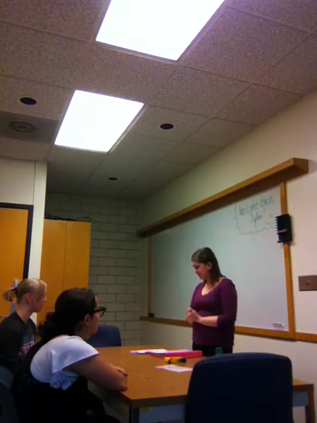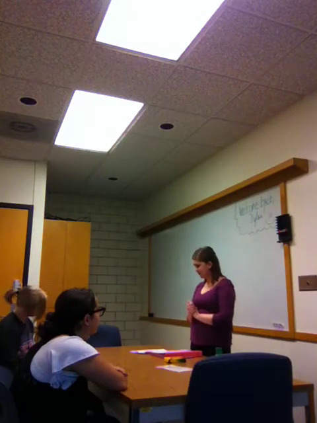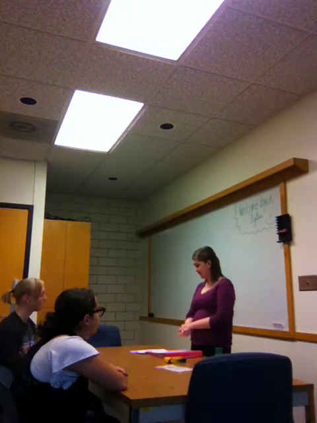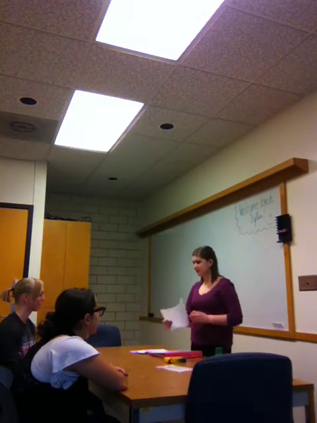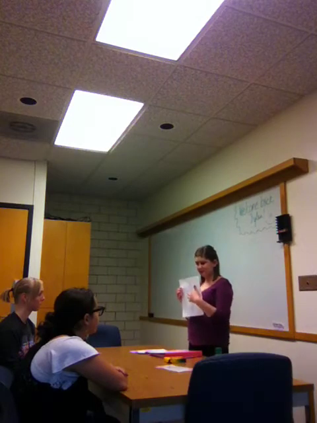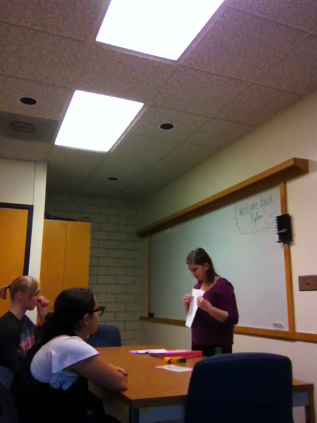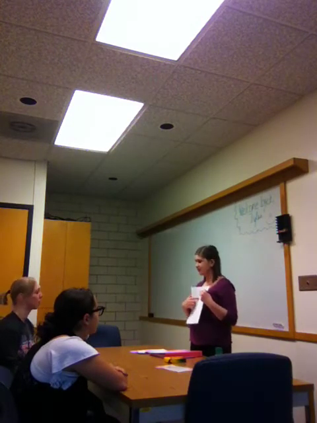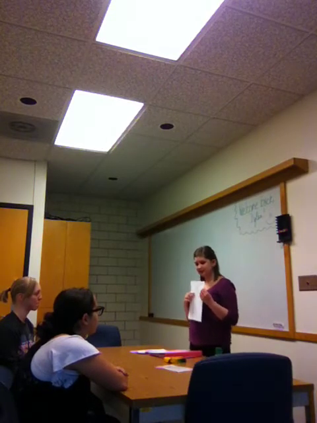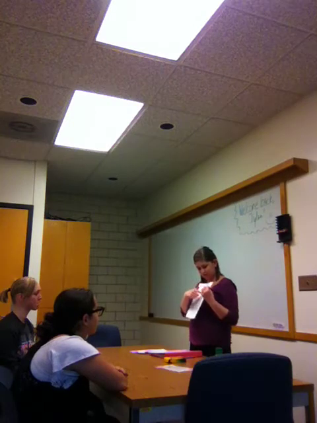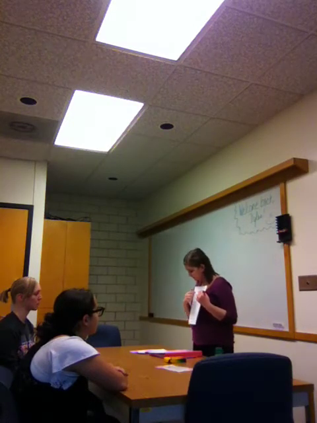So, like I said, today we're going to be learning about adding and subtracting fractions with the same denominator. A fraction is a part of a whole, and we're going to be using circles like these to represent our wholes. So the denominator, which is the number on the bottom of the fraction, tells you how many pieces the whole is divided into. So our whole, this circle, is divided into 4 pieces.